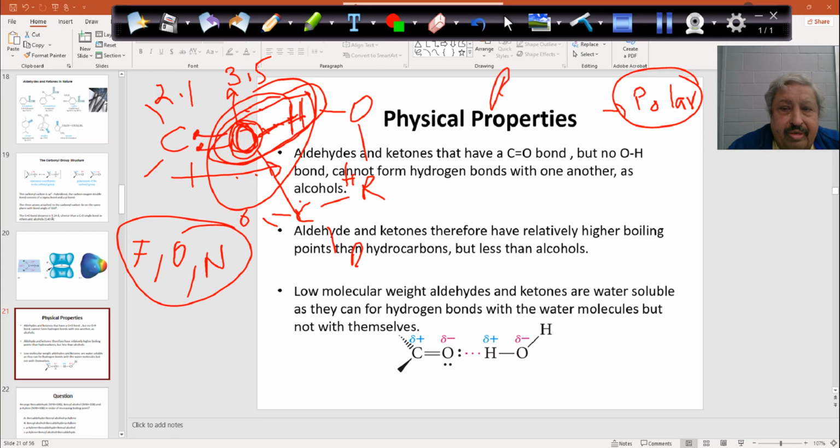You can see here, that's alcohol. This can be bound to hydrogen bonding. This can be bound to hydrogen bonding. So alcohols have a higher boiling point and higher melting point, because they have a higher amount of hydrogen bonding among themselves.